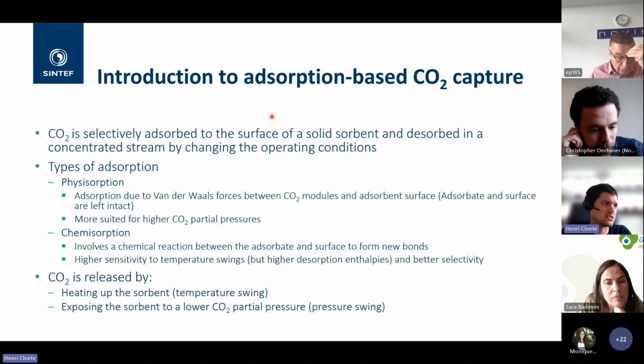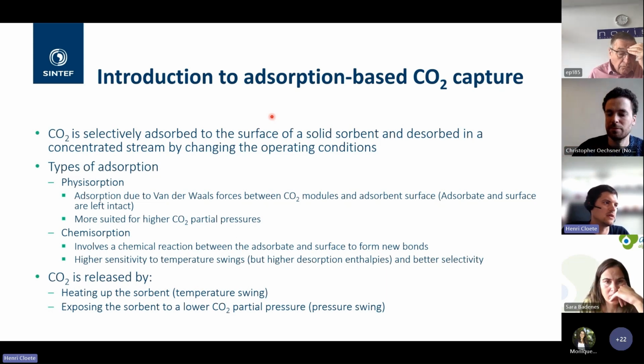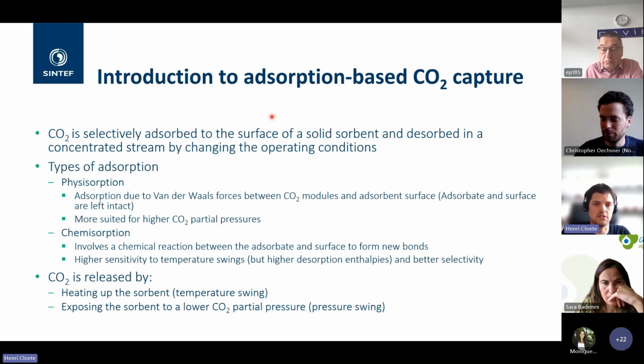The other category is chemisorption, where the bonding involves a chemical reaction that creates a new chemical bond between the surface and the CO2 molecule. The broad classification of chemisorption is that usually these are more sensitive to temperature swings, so the adsorption is more dependent on what the temperature is.